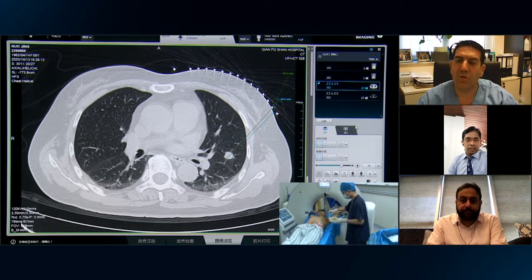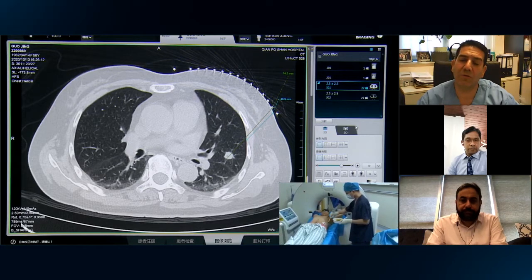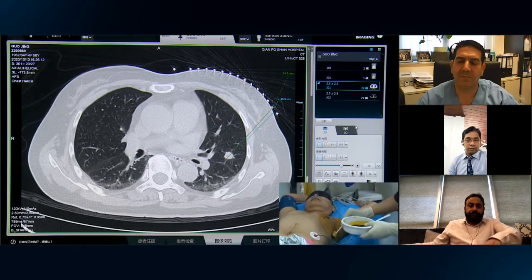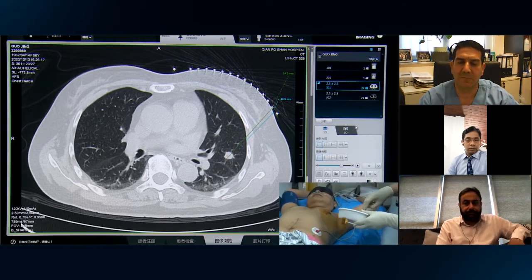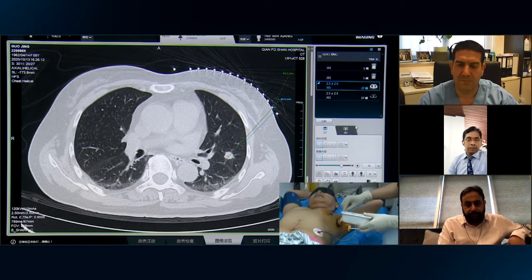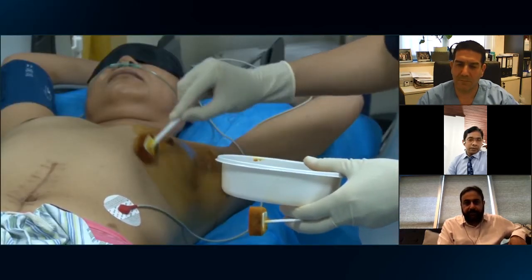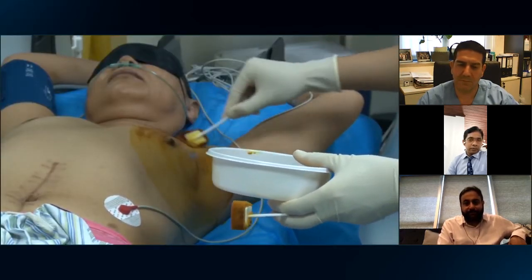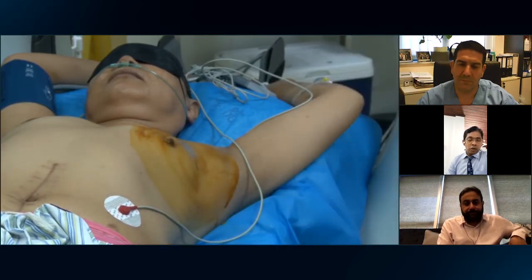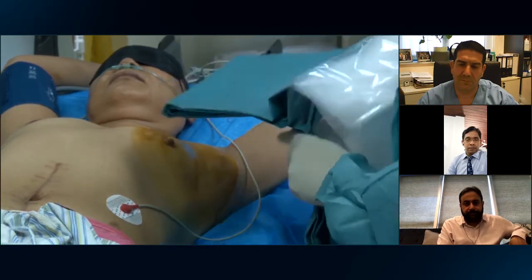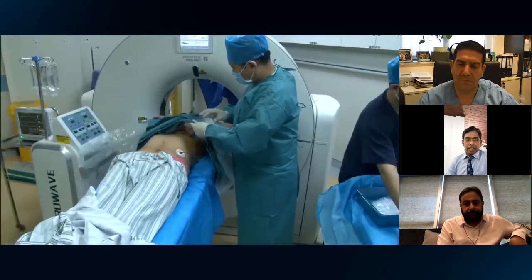Do you always do microwave, or do you use other ablation devices too? We mostly use microwave. Do you have a coaxial system? Coaxial, yes.